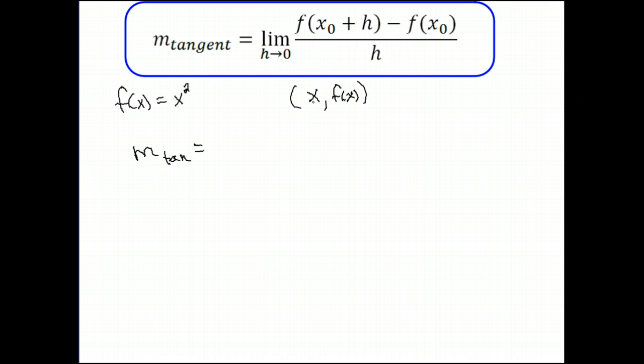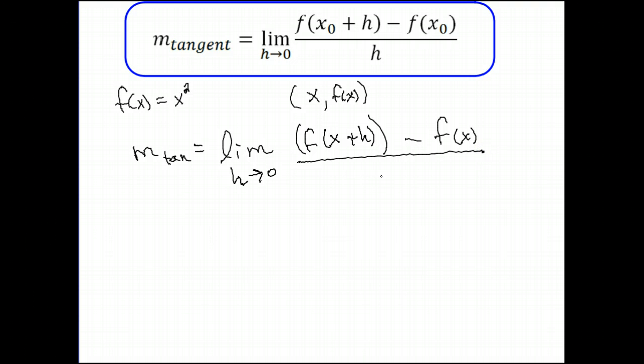If we plug x into this expression here, then we get the limit as h approaches 0 of f of x plus h minus f of x, all over h.